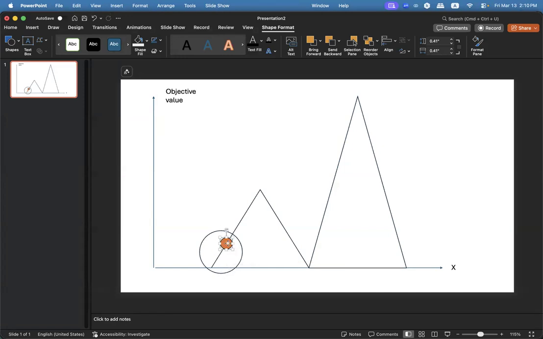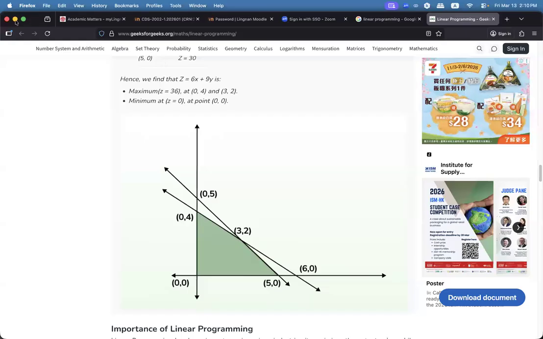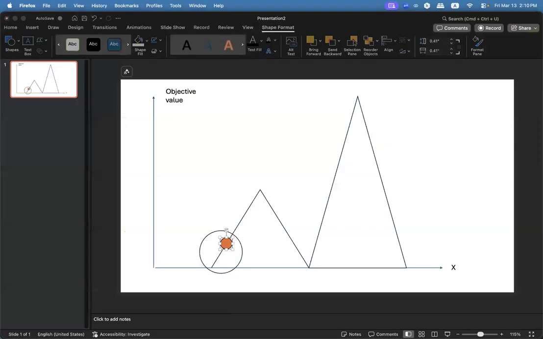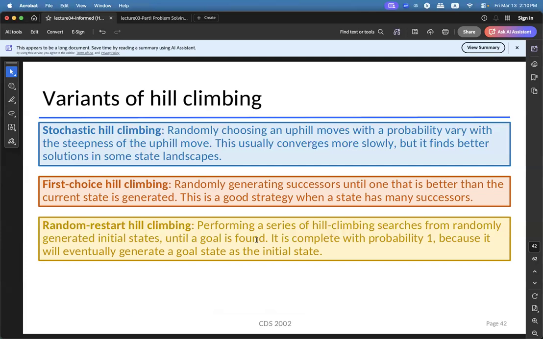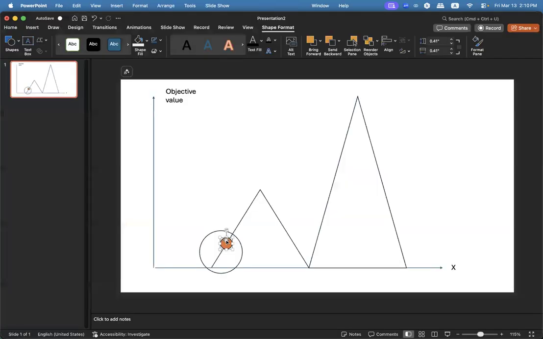That is the so-called first choice hill climbing algorithm. Some steps may be good, some may be bad. I randomly choose a step, and once I choose a step that can make me move up, I take it.